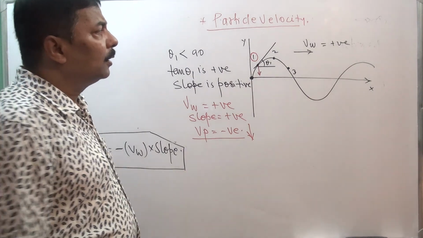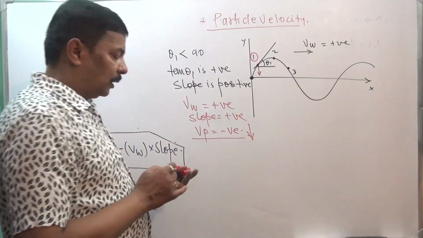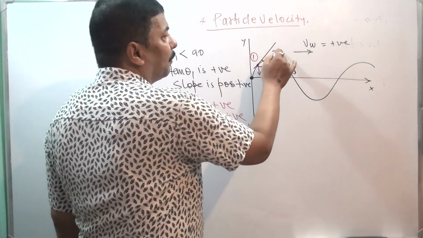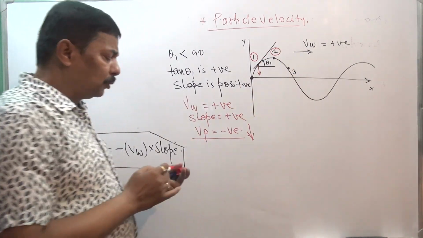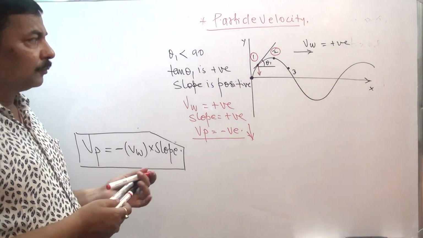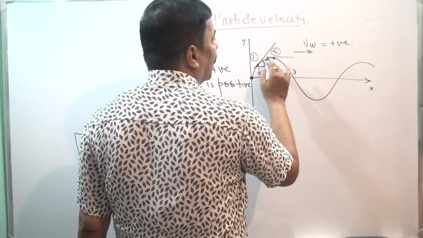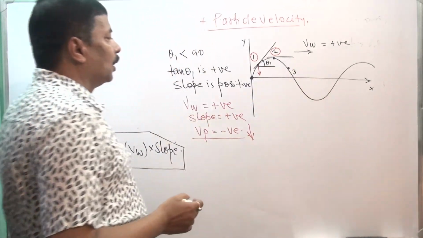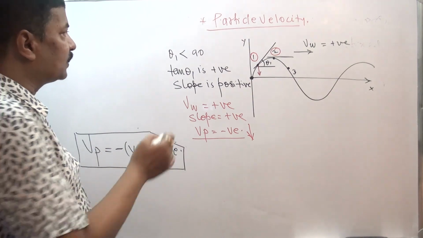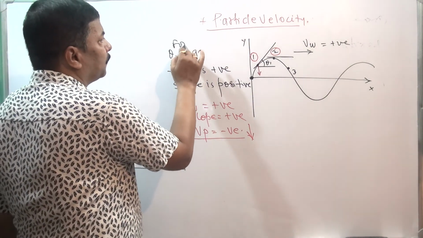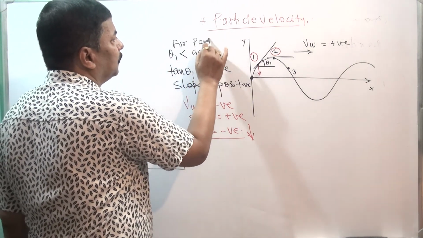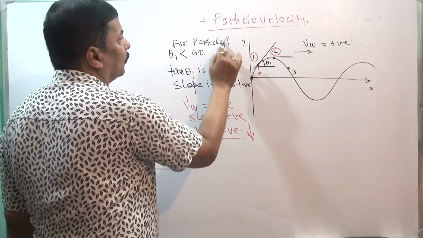Now come to particle number 2, which is at the highest position. Here you see, the tangent is horizontal. So this was the analysis for particle 1.